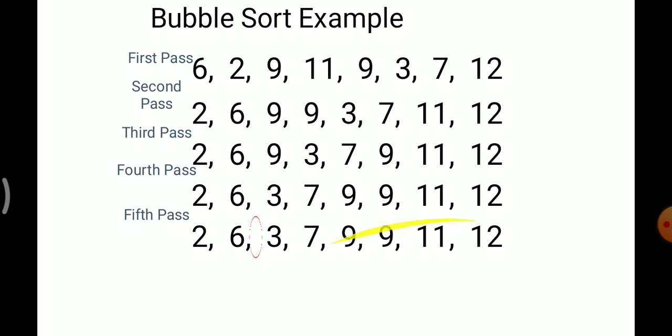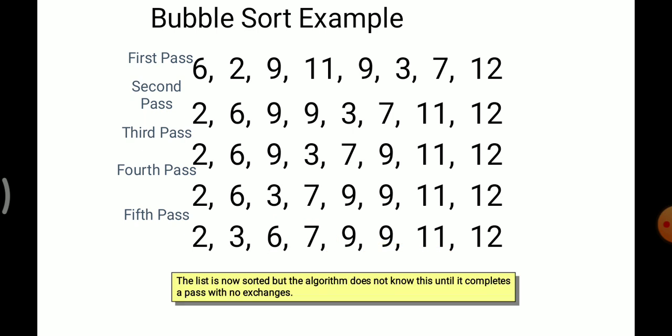After the first comparison the second comparison will take place, and there is a need of the exchange of their positions, and 6 will be replaced by the 3. After this the 6 will be compared to 7, and the list is now sorted, but the algorithm does not know this until it completes a pass with no exchange.